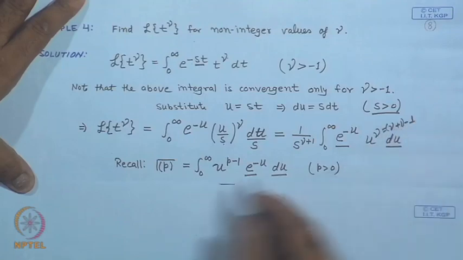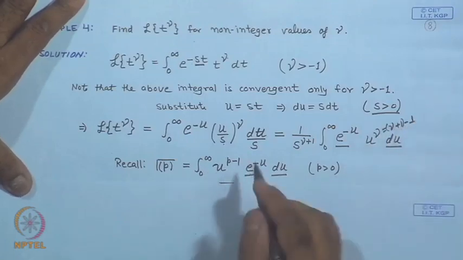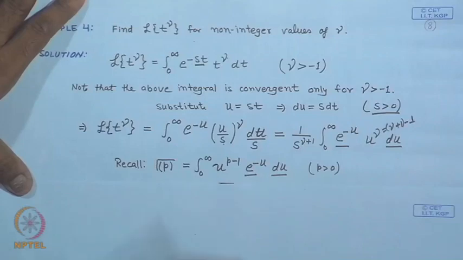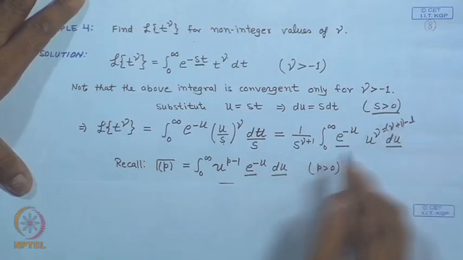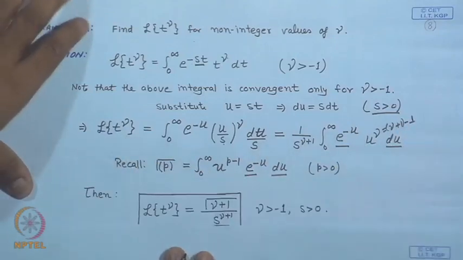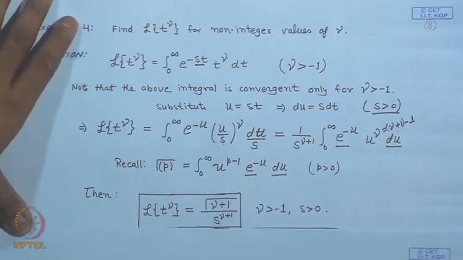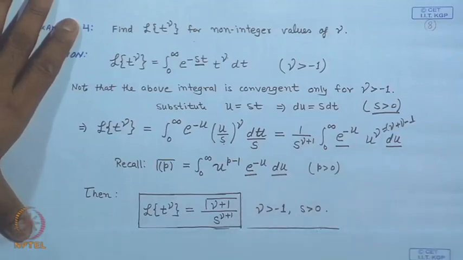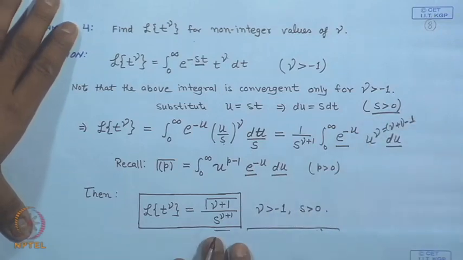So, we have exactly the same form for the gamma. So, the p here is nu plus 1. So, this Laplace of t nu will be the gamma nu plus 1 over s power nu plus 1 for nu greater than minus 1, and we have taken s as positive.